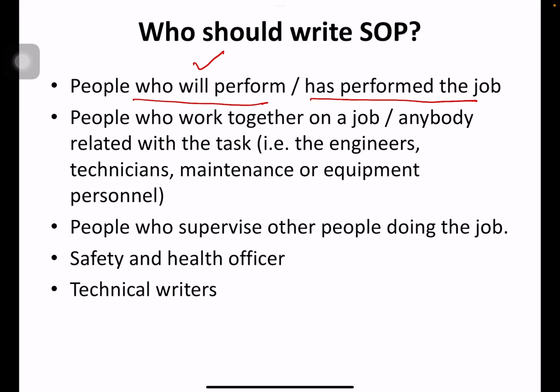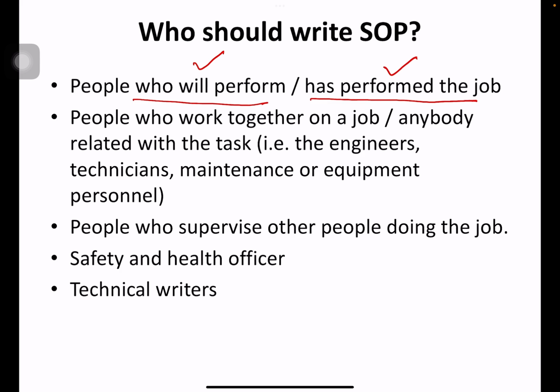Or somehow there is no standard operating procedure yet, but you know the flow of the process and you have performed the job, then you are going to create the standard operating procedure so that the others who will be doing the same task as you can follow the SOP.